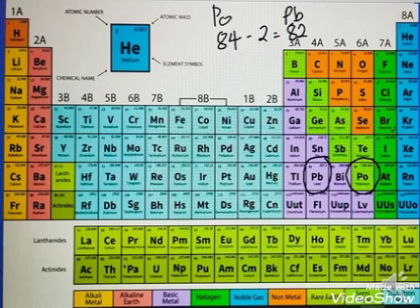The first element is lead having 82 as its atomic number. Take note that again, the atomic number is equal to the number of protons. So, lead has 82 protons. If you are going to add 2 to find the parent atom, then it will become 84, and the parent atom is polonium.